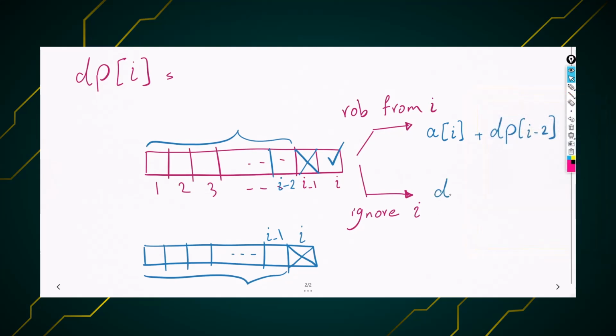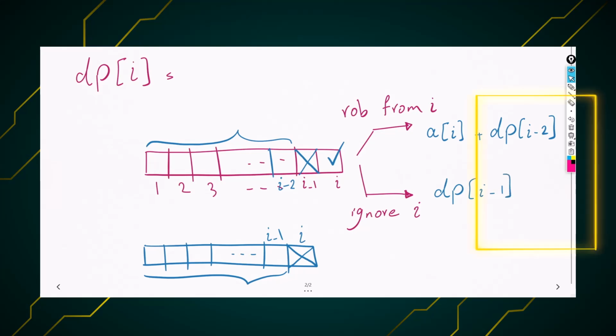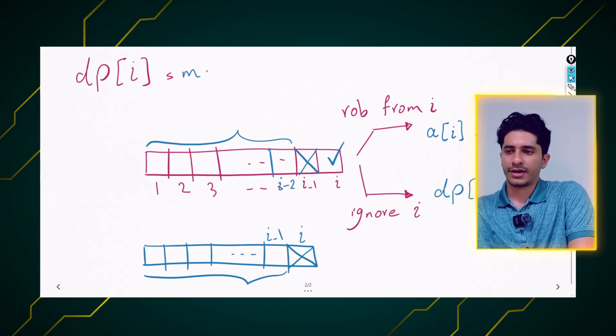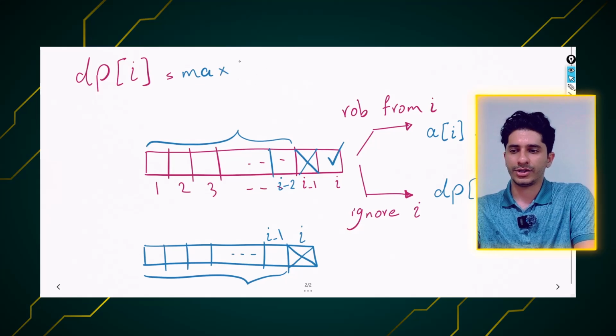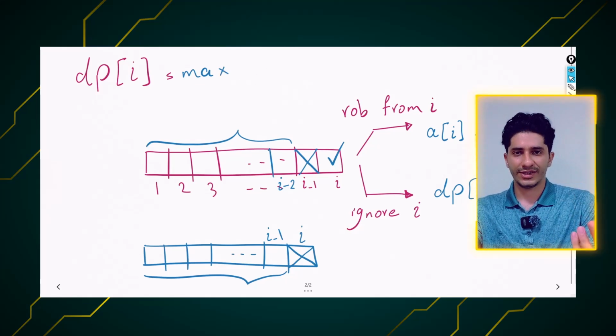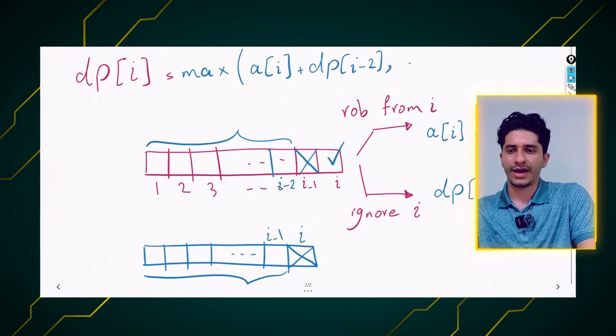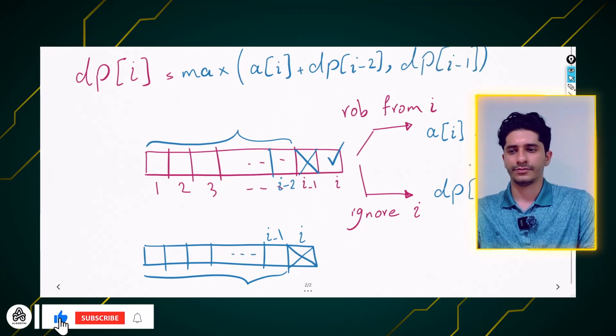And that is exactly dp of i minus 1 and nothing else. So yeah, we got a relation for our dp in terms of previous dp's, which is maximum of a of i plus dp of i minus 2 and dp of i minus 1.